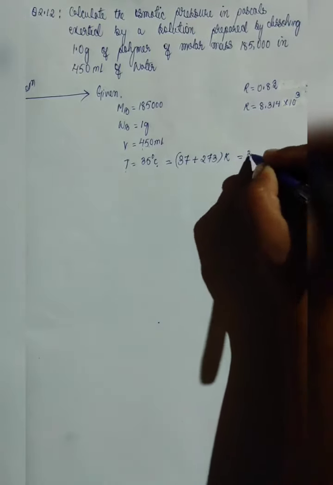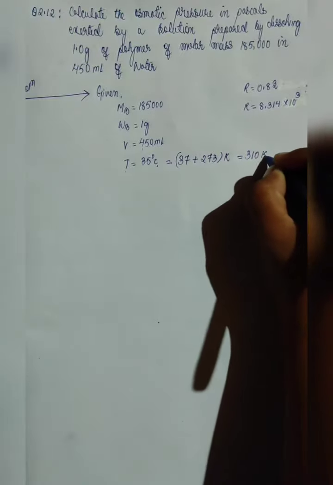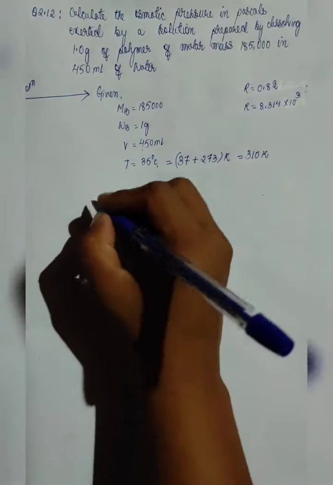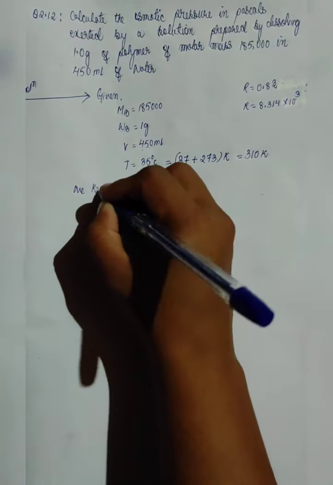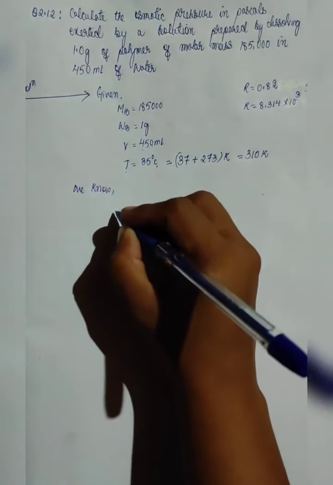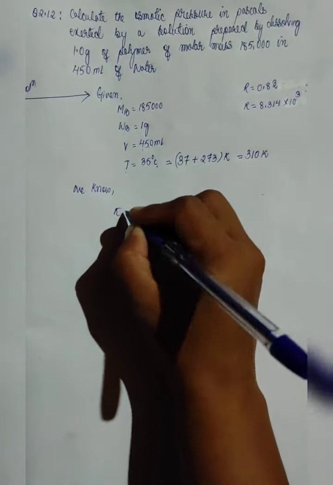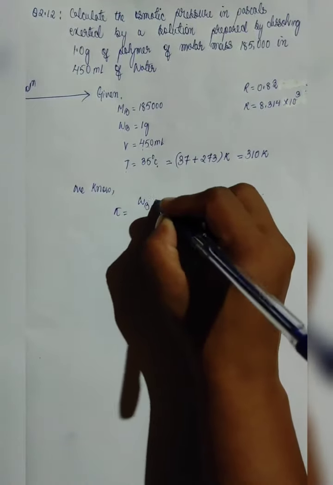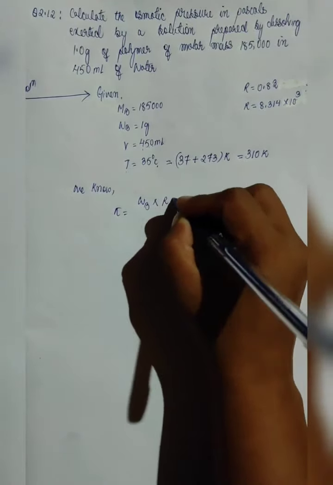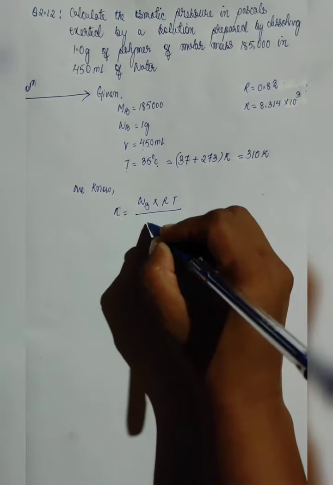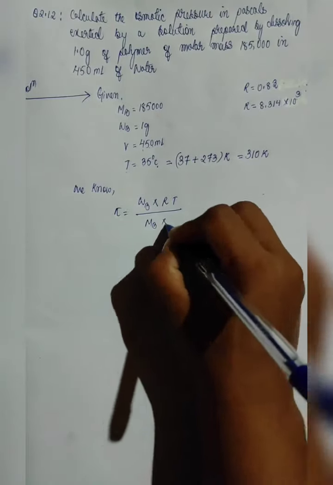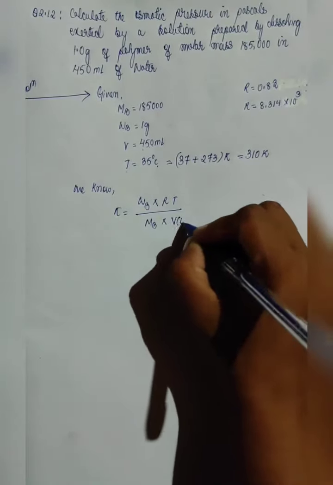So we get 310 Kelvin. Now we also know the osmotic pressure formula, which is pi equal to WB into RT divided by MB into volume in liters.